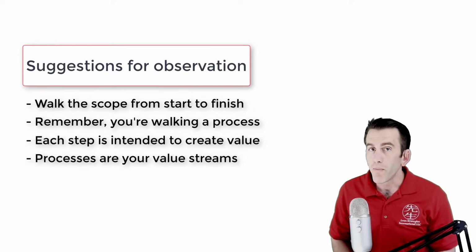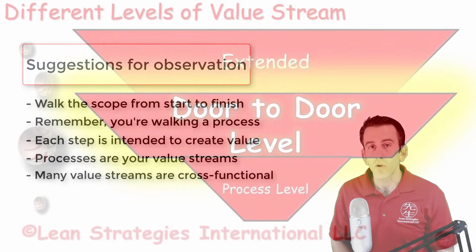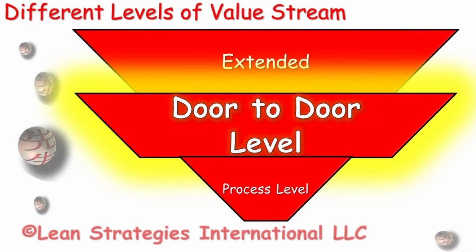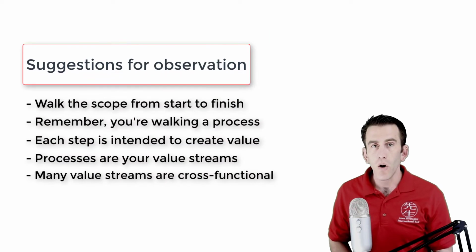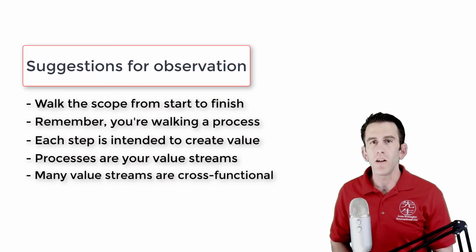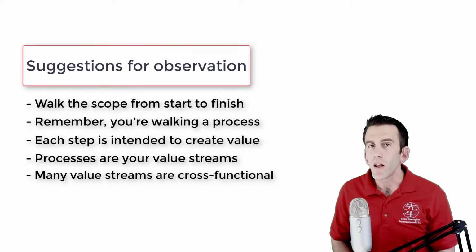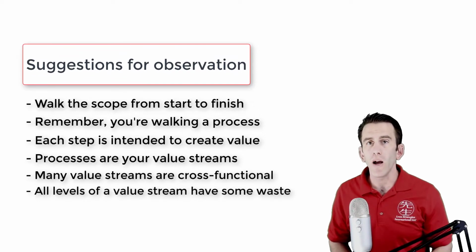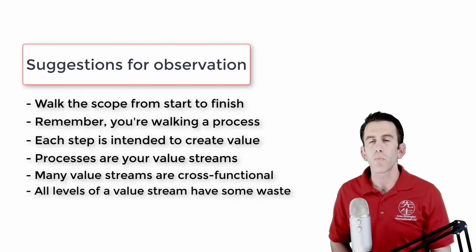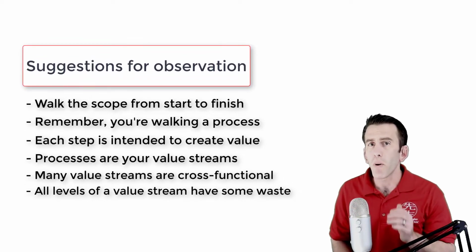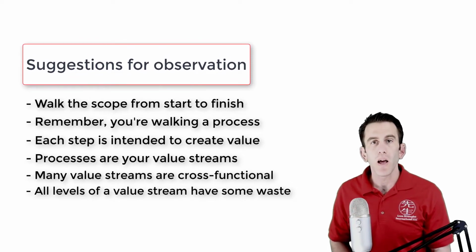Remember that some value streams will be cross-functional, extending across departments, and others might be more process-orientated or finite and very detailed. Process-orientated value streams still have waste, but they may be harder to see than others because of the intricate work that is performed. So keep a sharp eye and watch for hidden forms of muda, muri, and mura.